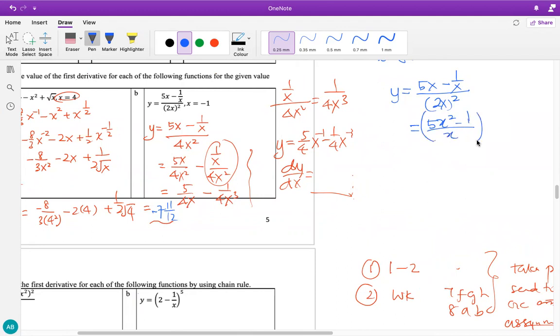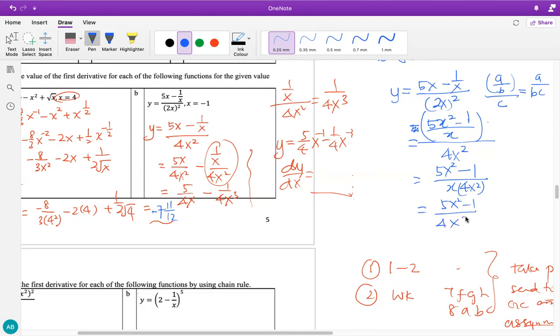Then you divide this one over 4x squared. So remember a over b divided by c, you get a over b times 1 over c. Therefore, 5x squared minus 1 over x times 1 over 4x squared. So you get 5x squared minus 1 over 4x cubed.